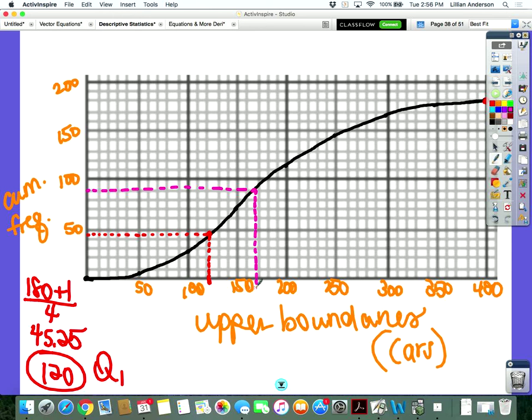It really is dependent on what the scale is of that graph. So for my curve, I can say it's about 170. On yours, you might say it's like 168, 165 maybe even, okay? But depending on how spread out your data is, they might say give or take 5 units, this is pretty spread out. Within 1 centimeter, I'm going 50 units. Okay? So it might give me 5 points on both sides.